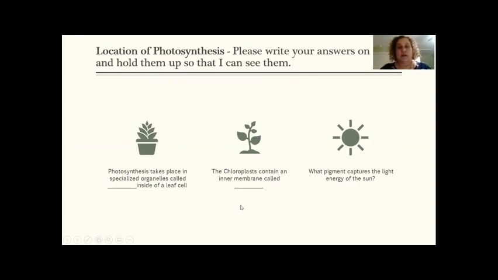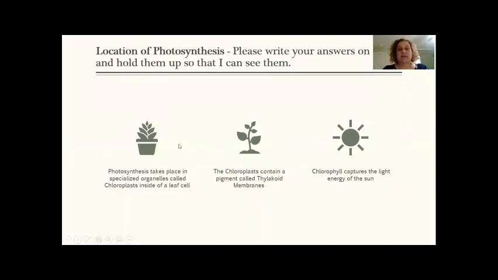Two, chloroplasts contain an inner membrane called what? What are the important inner membranes in chloroplast? And finally, please tell me the pigment that's responsible for capturing the light energy of the sun. Okay, I'll give you time, and then we'll review the answers.